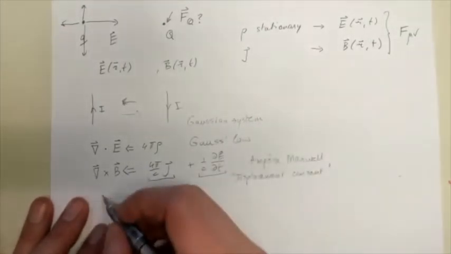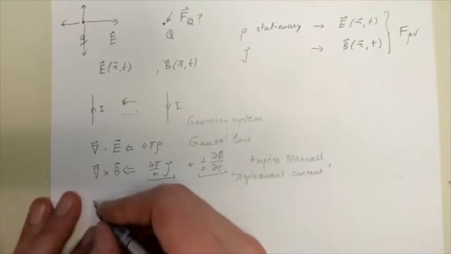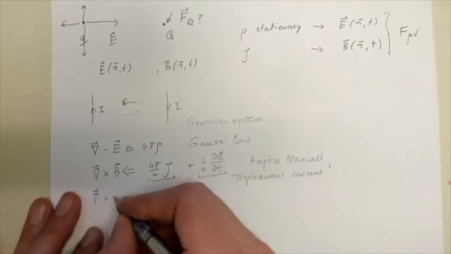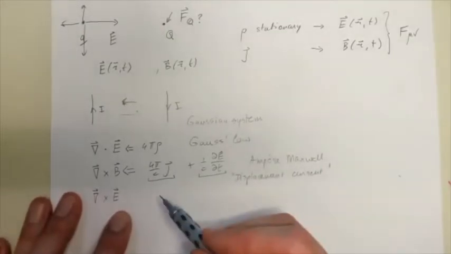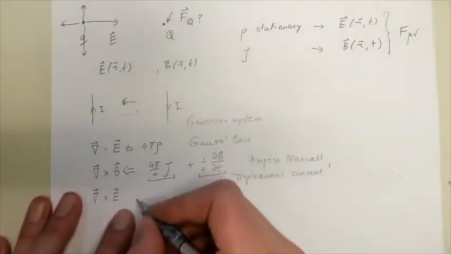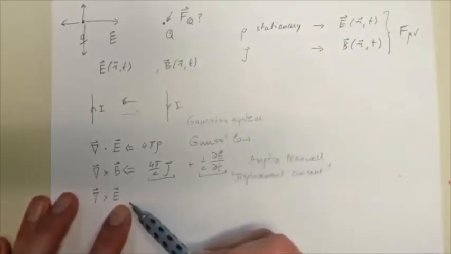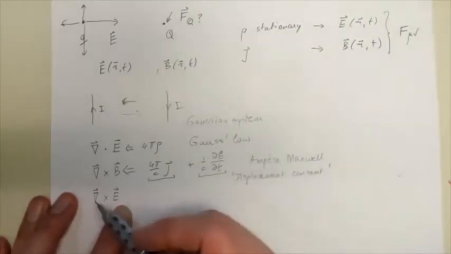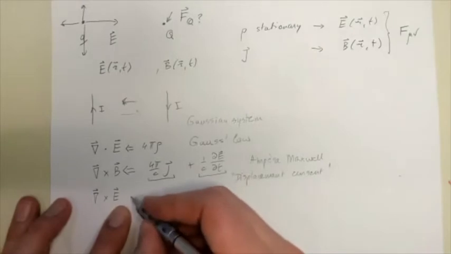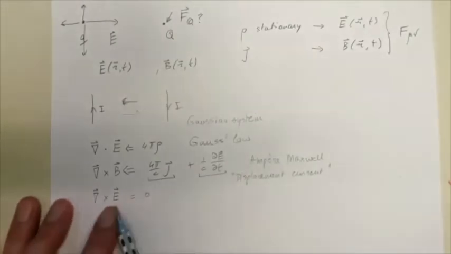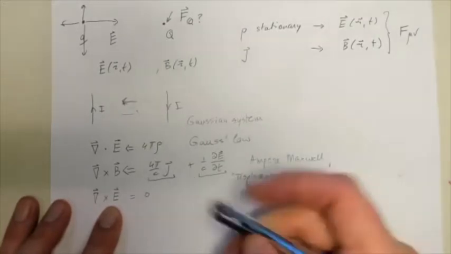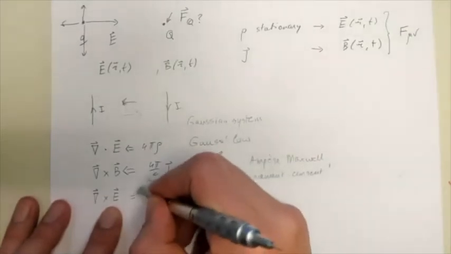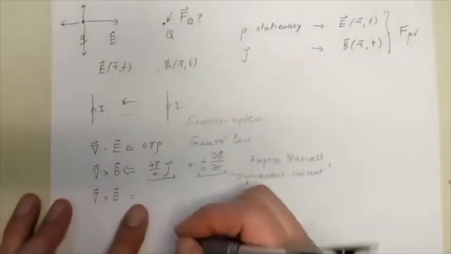So next one, it's the curl of E, right? So take the cross of E. Now that's the curl of E. Usually, when you start electricity and magnetism, we'll say that this is 0, and that means that the electric field is a conservative field. But if you have a time-varying magnetic field, it is no longer 0.